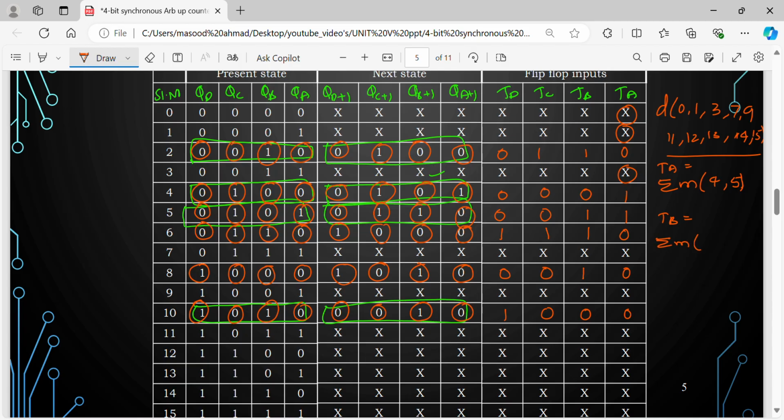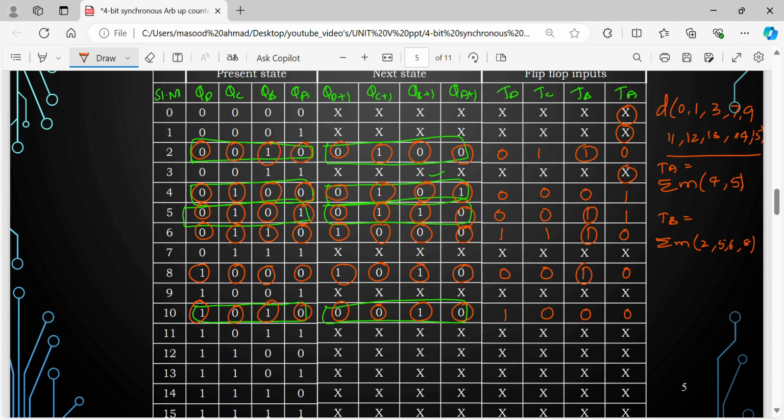The values I am going to get for TB are 1 for 2, 1 for 5 and 6, then 8. So 2, 5, 6, 8.